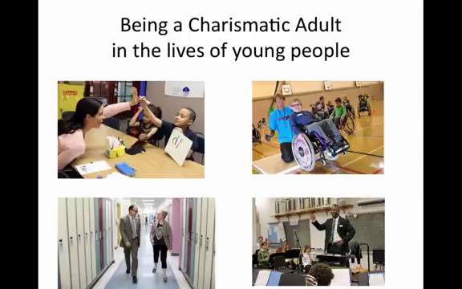And so starting to think of yourself, through the interactions that you have with kids, as an important figure for them can open up these ideas of what it might look like to be a charismatic adult from whom they derive strength.